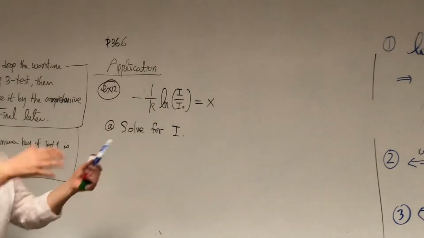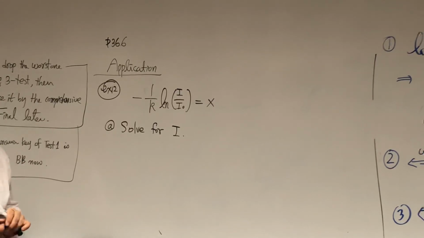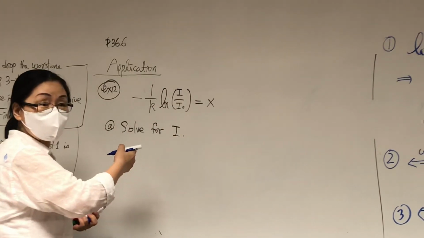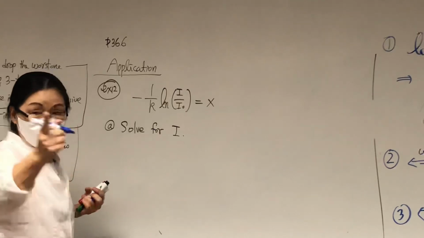How do you multiply it by negative 1 over k? Multiply by negative K, yes, that's what I meant. So multiply both sides by negative K, yes? Because I want to clean this up. Good.